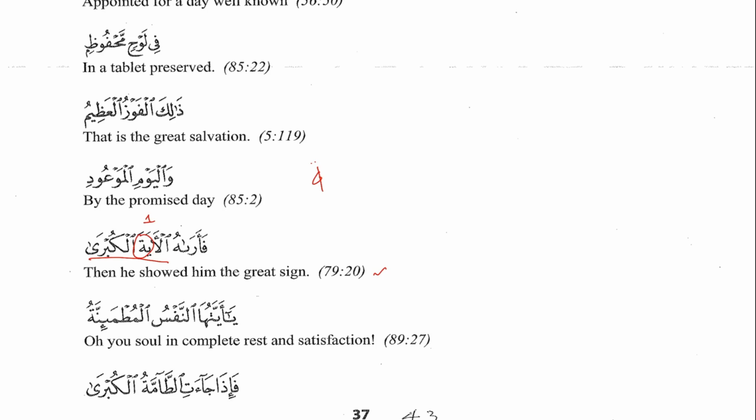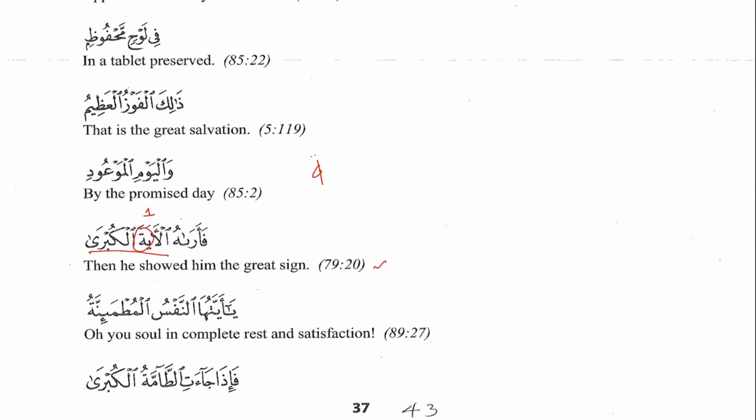So ayat is feminine, and also plural; this will come later on. But kubra doesn't appear to be feminine, as there's no ta marbuta there, yet it is also feminine.